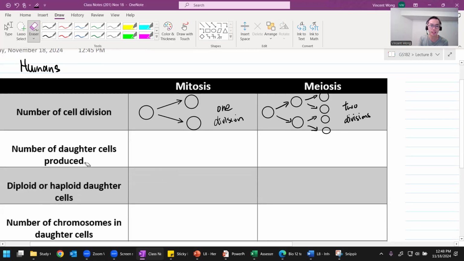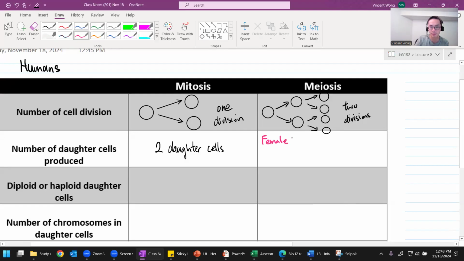Number of daughter cells produced. Well, you can tell from the picture, you'll get two daughter cells for mitosis. For meiosis, you can tell from the picture you get four cells, right? But actually, it's a little bit different for male and female, and we're going to talk about that difference in a bit.